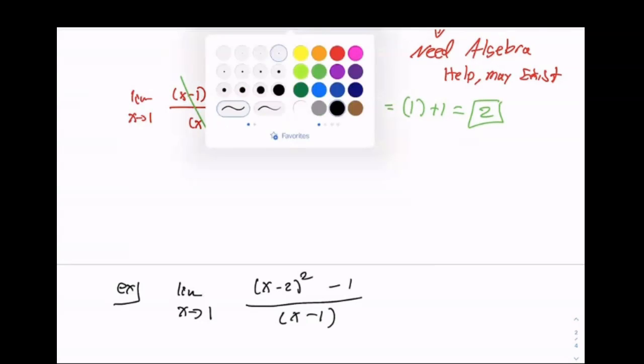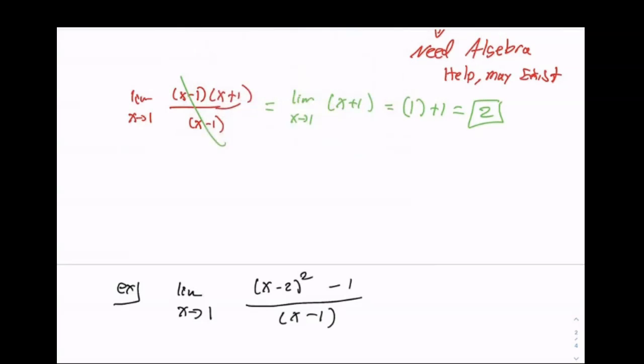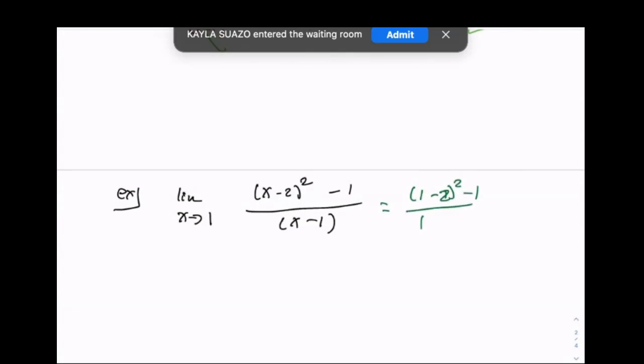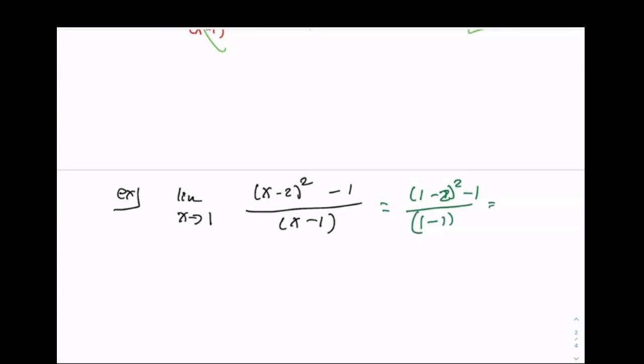Step 1. What's step 1? Plug in. 1 minus 2 squared minus 1 over 1 minus 1, which gives me negative 1 quantity squared minus 1 over 0, which gives me 0 over 0.